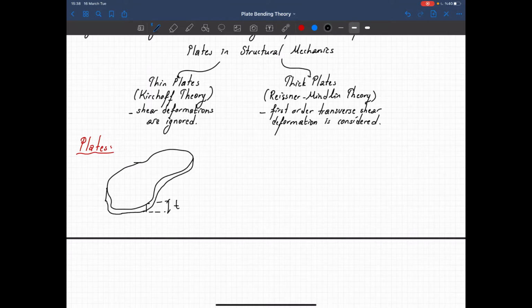We call it T. Let's say that this is the x-axis, and we have the y-axis here, and that will be the z-axis. So we have the material normals, so material normals in z direction.